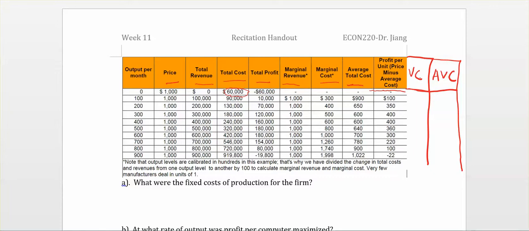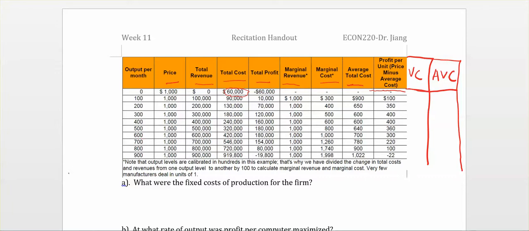In order to know what the variable cost is, we need to know what the fixed cost is. Based on what we learned in the previous chapter, we can very easily find our fixed cost by looking at our output when the output equals 0. The total cost associated with an output of 0 represents the fixed cost of the firm.